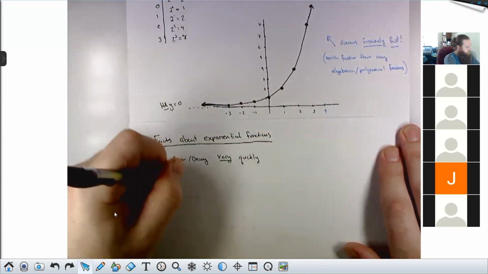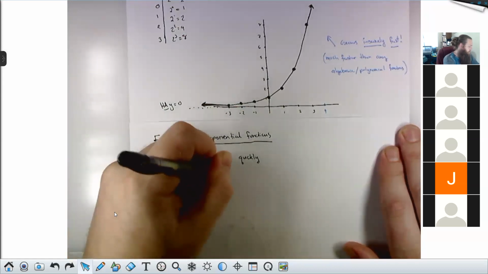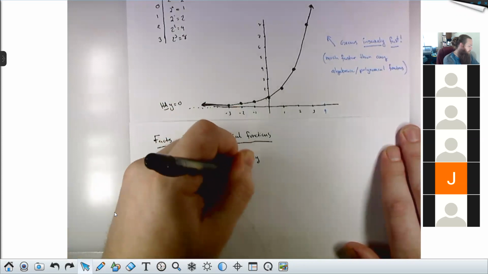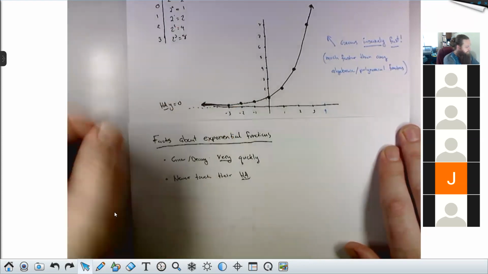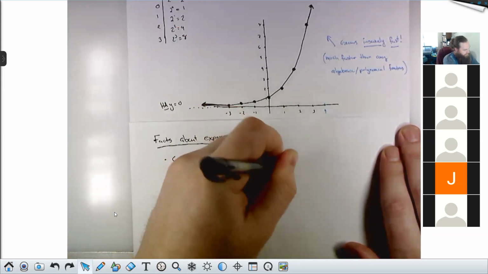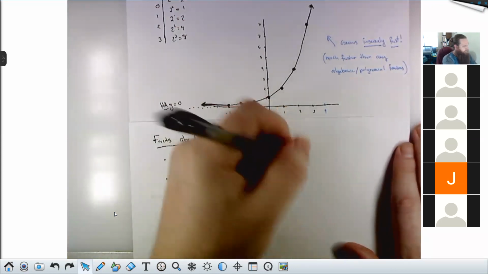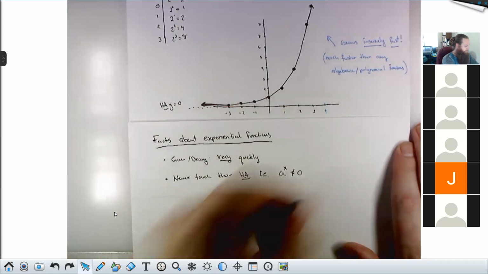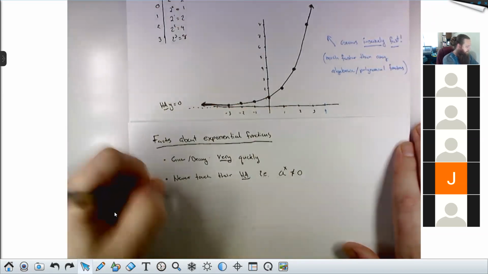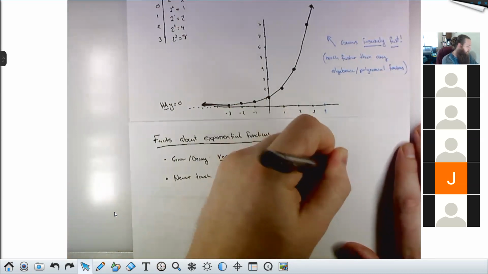They never touch their horizontal asymptote, which can also be said as, i.e., a to the x is never equal to 0. There's no real number x that makes this happen. So this is true for all real numbers x, so even complex numbers.